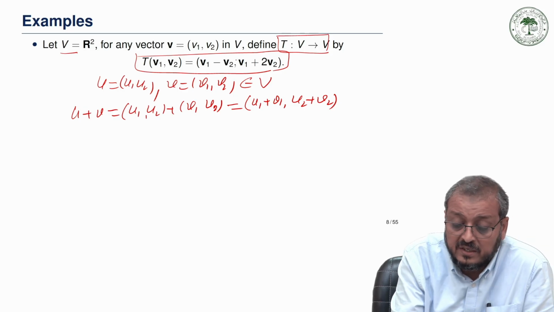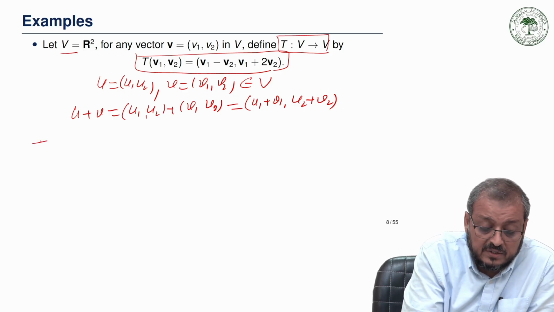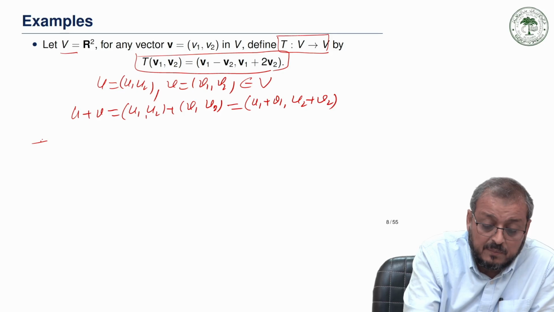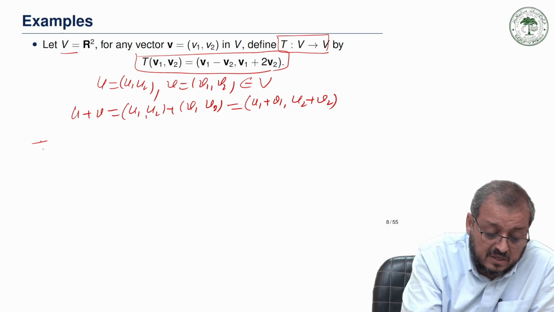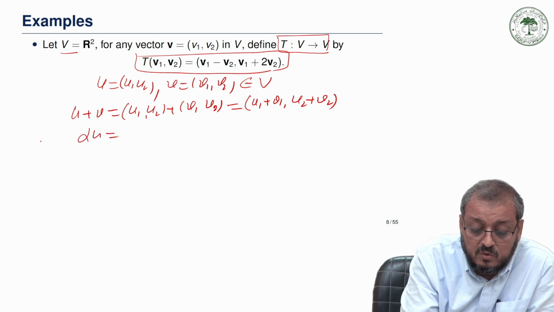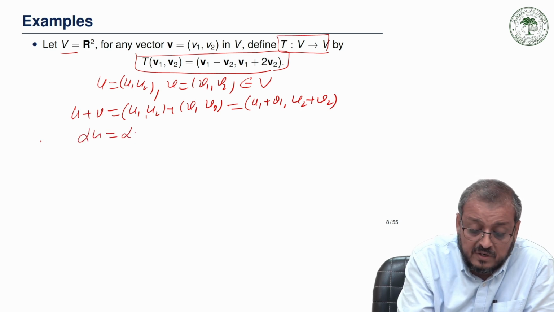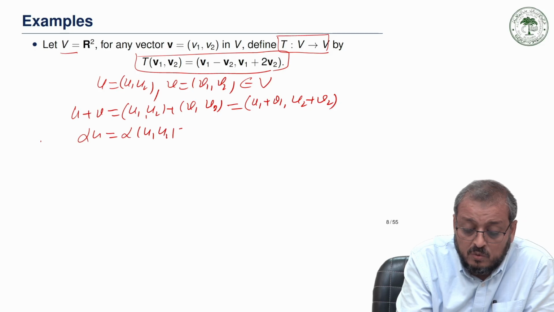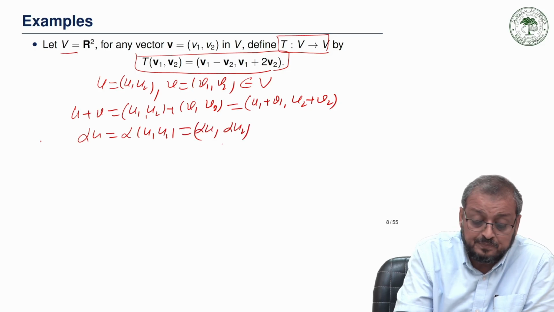Now we calculate the scalar multiplication. How is scalar multiplication defined? Alpha U is equal to alpha times U1, U2, which is alpha times U1 and alpha times U2.